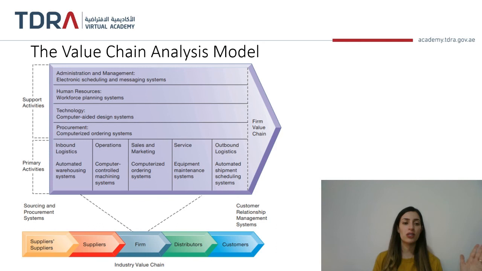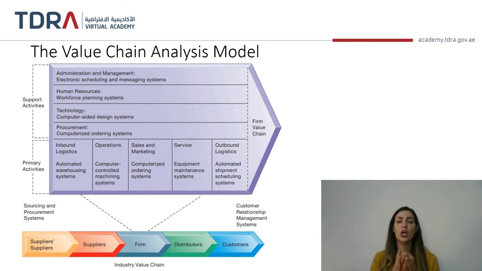The title is on the left, primary activities. It has 5 primary activities. Number one is inbound logistics. Inbound logistics is handling the raw material, everything that is relevant to raw material, from receiving the raw material, who will take charge of this, who will be responsible to put them in the right place, where to store them, and so on.